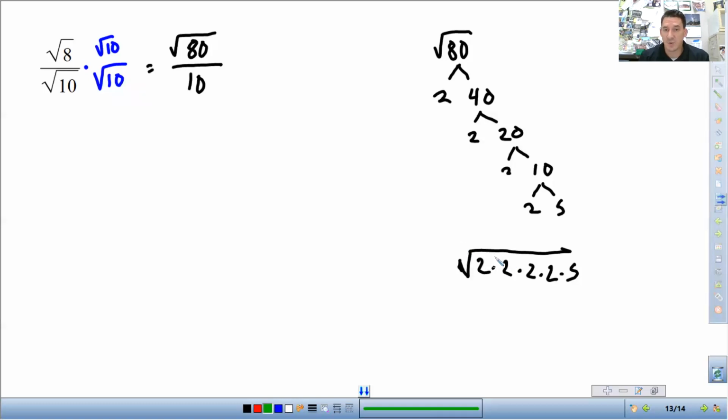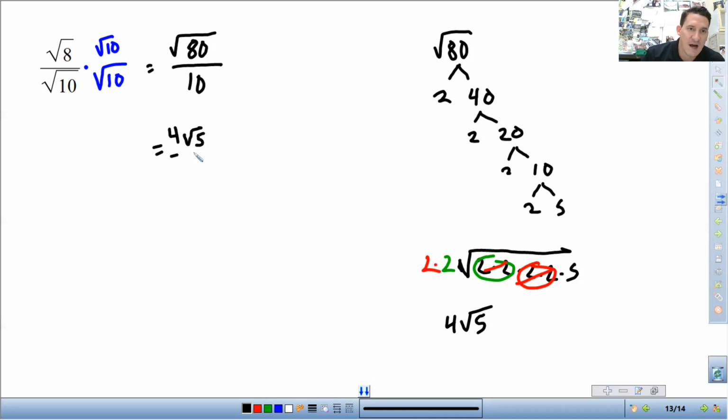Looking for pairs, it's just a square root. So pair of 2s, 1 on the outside. Pair of 2s, 1 on the outside. And so there's 2 times 2 is 4, 5 left on the inside. So square root of 80 is 4 square root of 5.